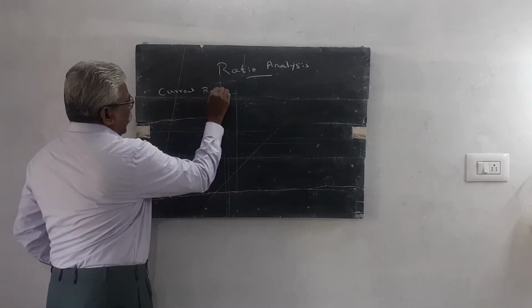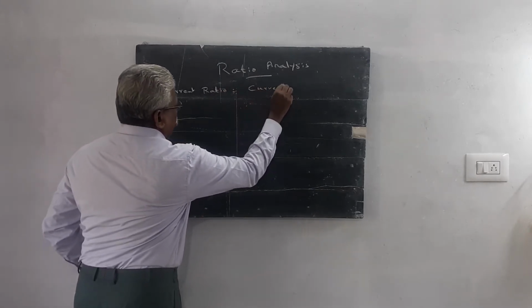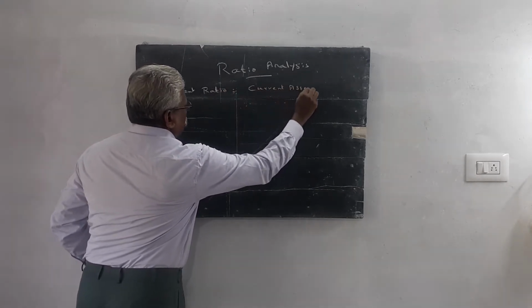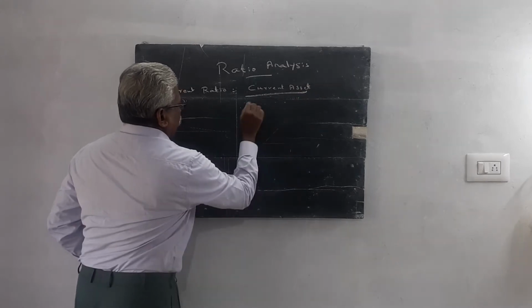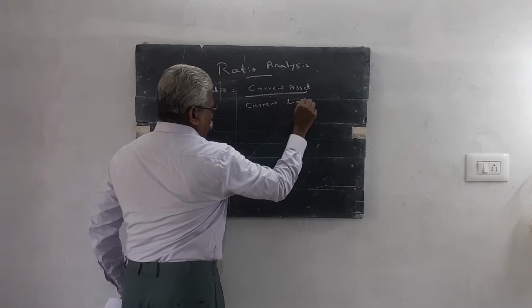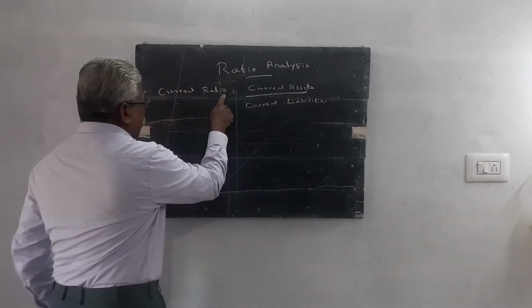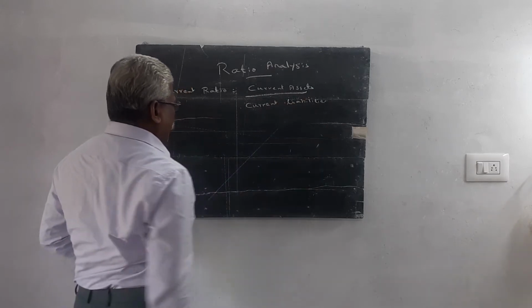Current ratio is equal to current asset divided by current liabilities.